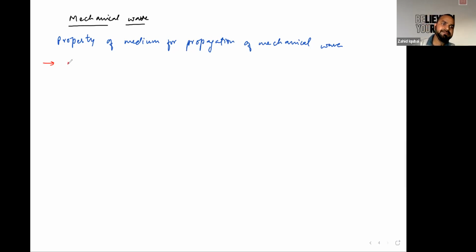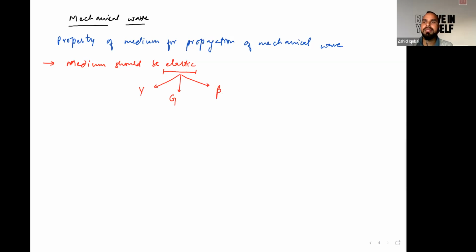It means medium should be elastic in nature. This elastic behavior we may define in three different types: elasticity along length, elasticity along shape, and compressibility or incompressibility.